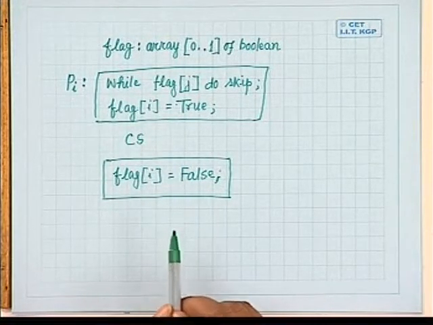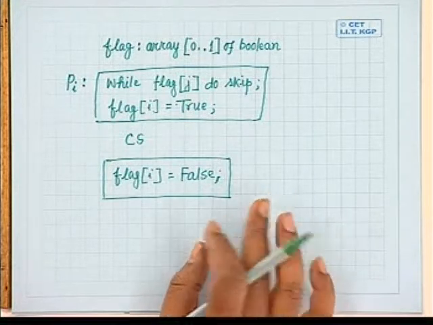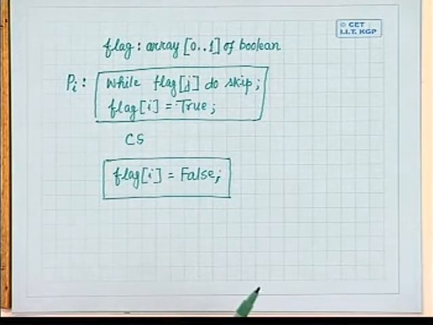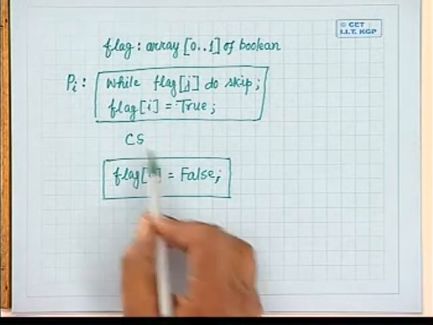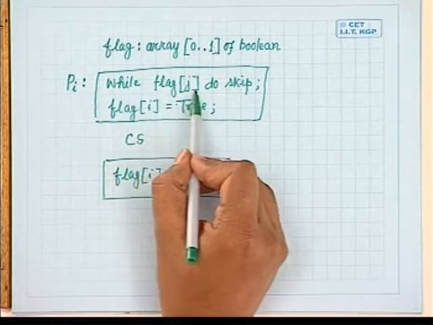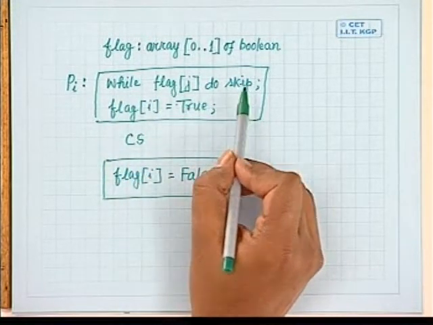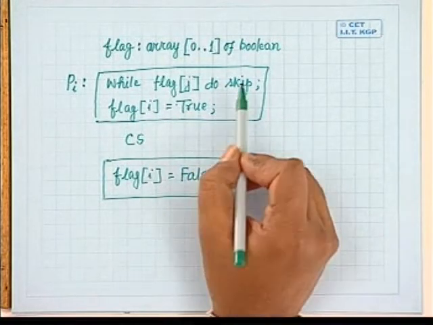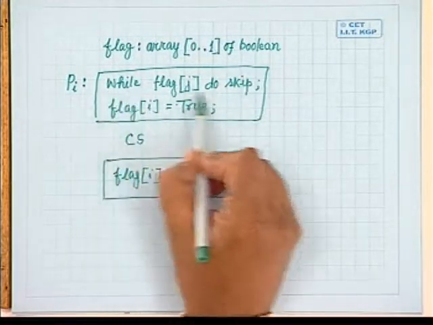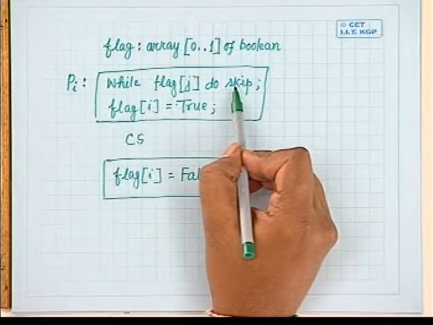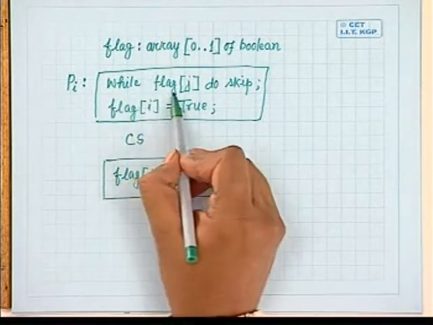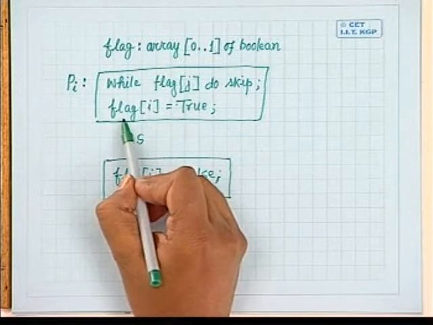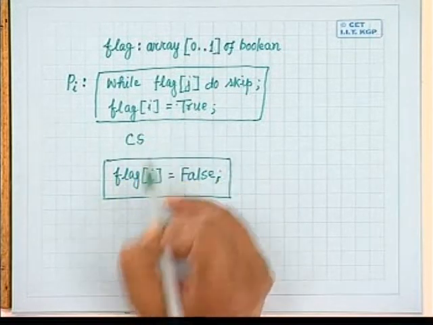Now we can have a situation where both processes P1 and P2 want to enter the critical section. P1 will execute this while flag j do skip. It finds that flag j is false, assuming that process P2 has not executed this statement yet, so it will set flag i to true and enter the critical section.